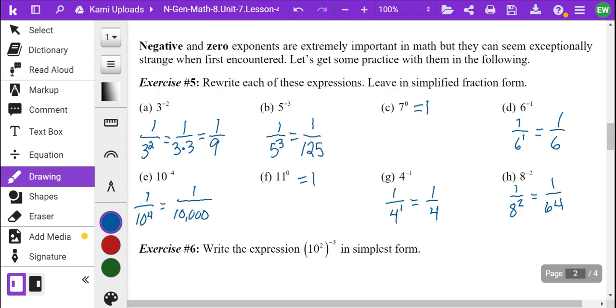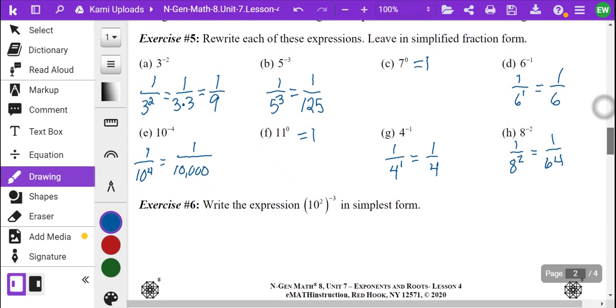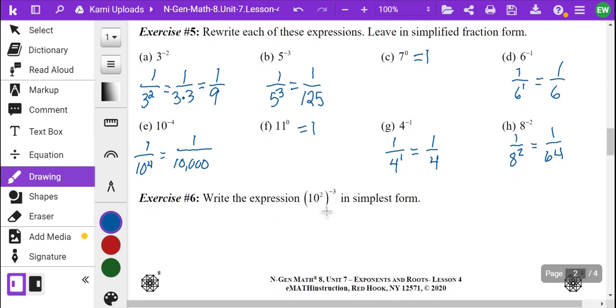Okay, how did you do? Go ahead and check in your answers here. So when you go into your ALEKS practice, you are going to see some problems like this. Exercise 6. Write the expression in simplest form. That means you have to go back and think about your other exponent rules.